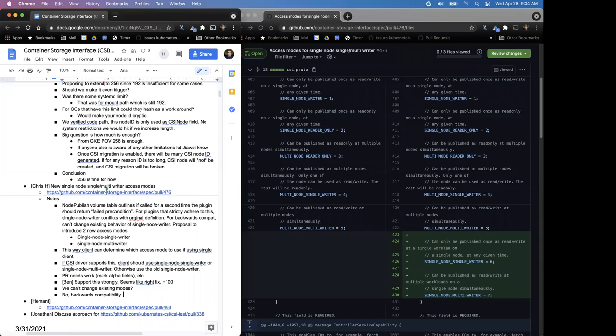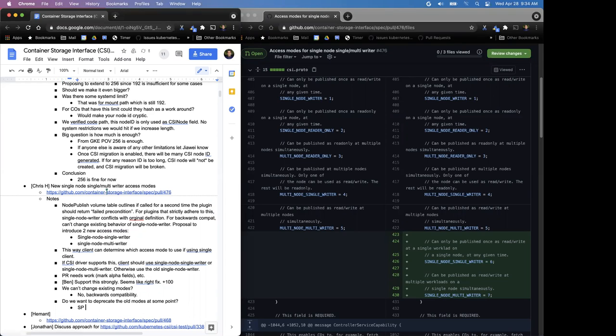Do you want to deprecate one or the other, like maybe single node writer, at some point? Given that an SP might not have the capability, you have to continue supporting the old way if you deal with an old SP. But I think the intention is that single node single writer and single node multi-writer are supposed to replace single node writer.